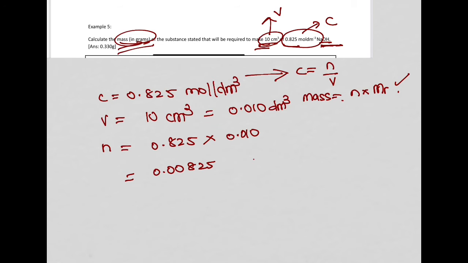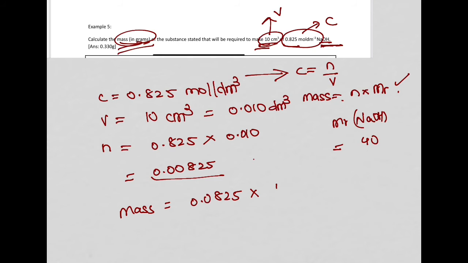And then for you to find mass, it's going to be the number of moles times the Mr. Mr of NaOH, if you calculate it properly, you'll find that it's 40. And when you compute, you get 0.33 gram. Sorry, I missed a zero here.